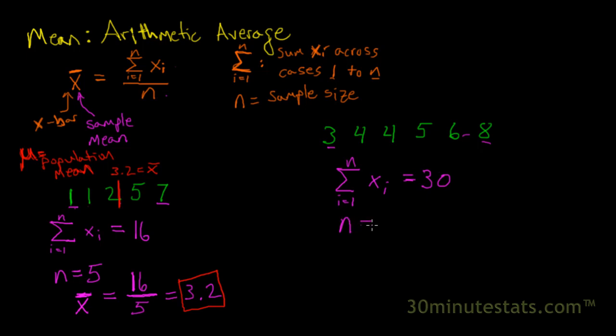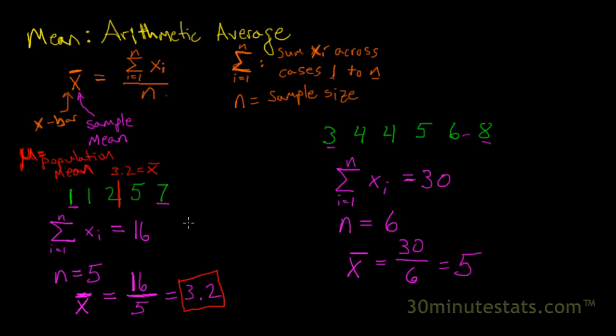We know that our sample size is 1, 2, 3, 4, 5, 6. Using these data, we can calculate the sample mean as being equal to the sum of the x's from the first to the nth observation, which is going to be 30, divided by the total sample size, 6, which is 5.